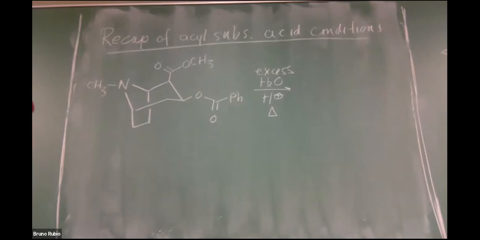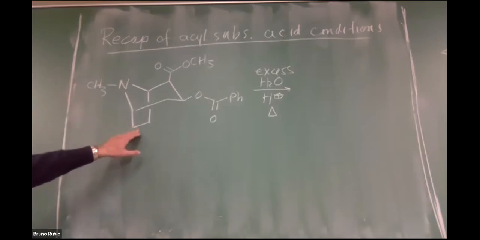And whatever that is not carbon and not hydrogen, that is going to take off from the acyl carbonyl, and the nucleophile is going to take its place. That is the nucleophile minus a proton. Right, so this is how acyl substitution happens under acidic conditions.